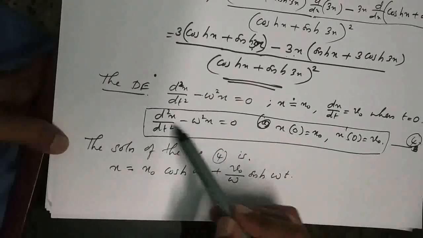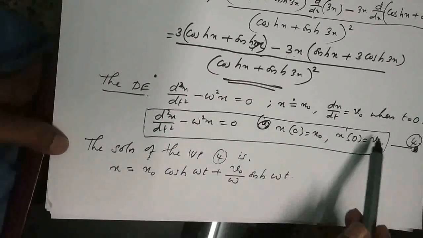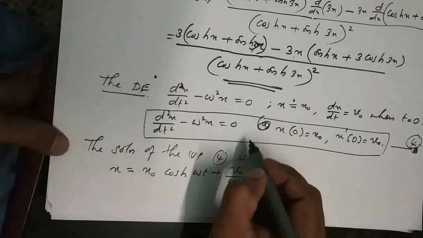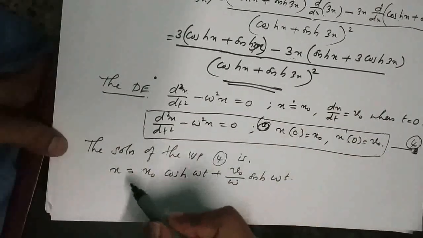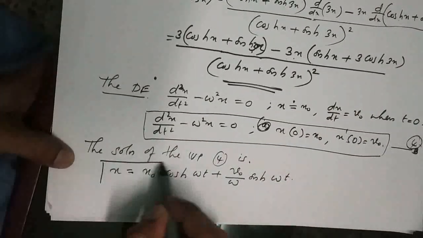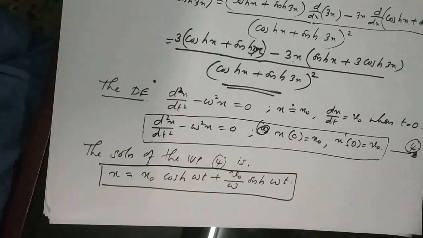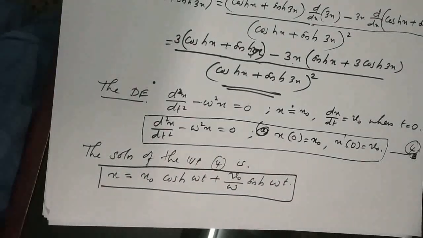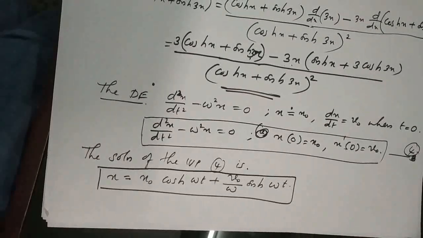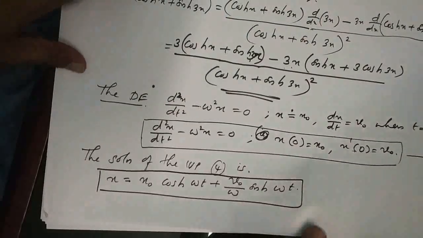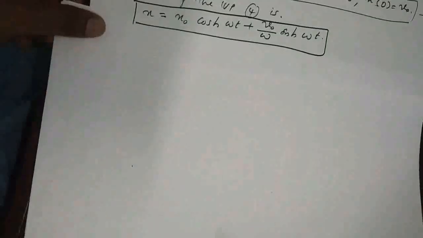So the solution of this differential equation along with these conditions, or the solution of this IVP, is x equal to x naught cosh omega t plus v naught divided by omega into sinh omega t. We can prove this by just substituting these values in the differential equation.